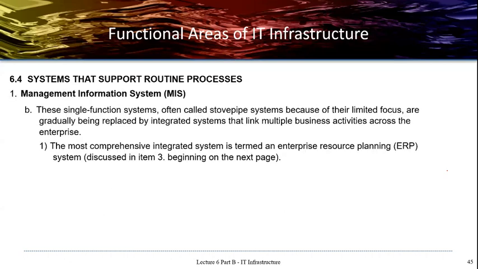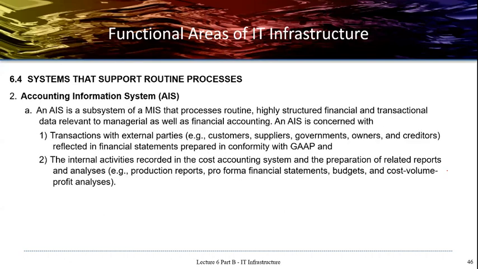So having discussed the MIS, now let's look at accounting. AIS is a subsystem of MIS that processes routine, highly structured financial transaction data relevant to managerial as well as financial accounting. I mean, you prepare managerial accounting and financial accounting.